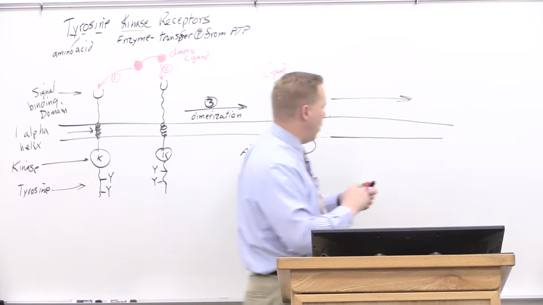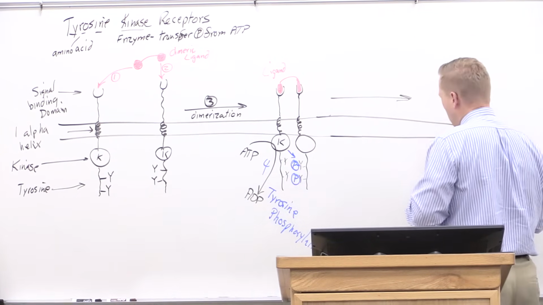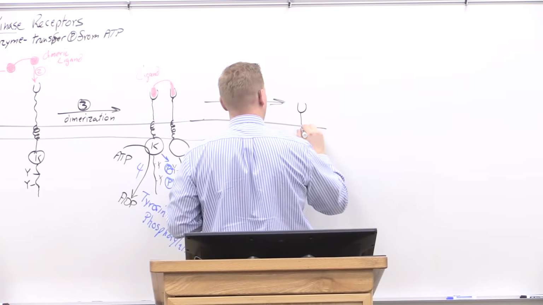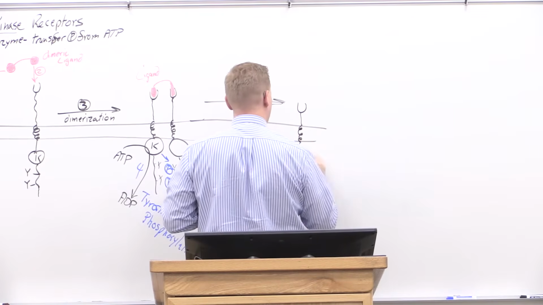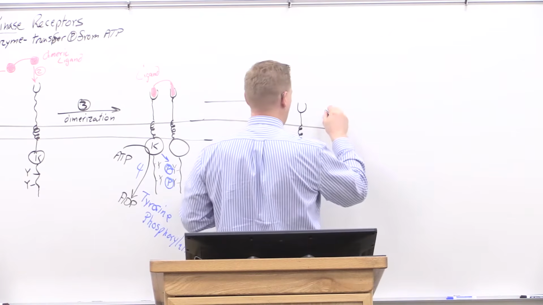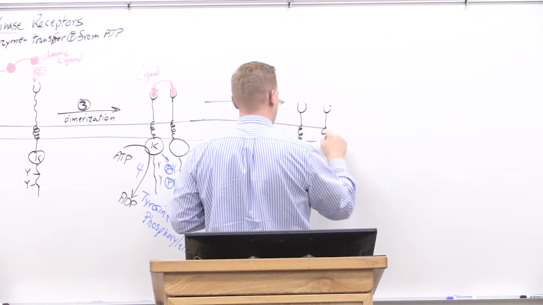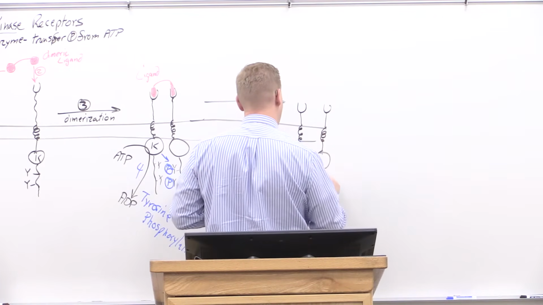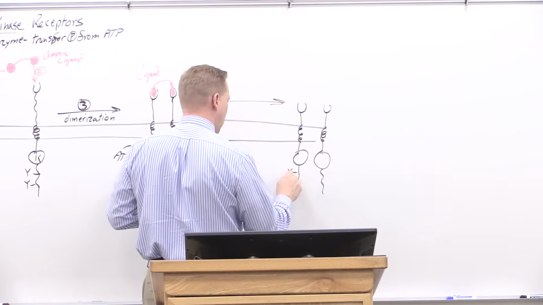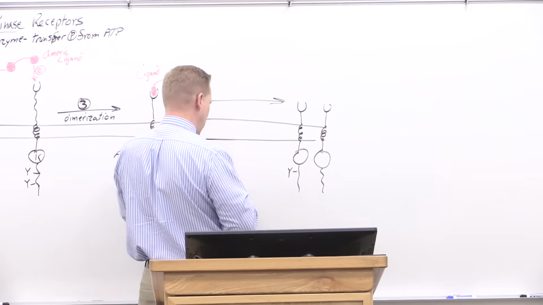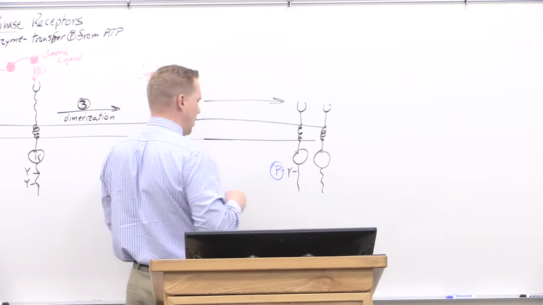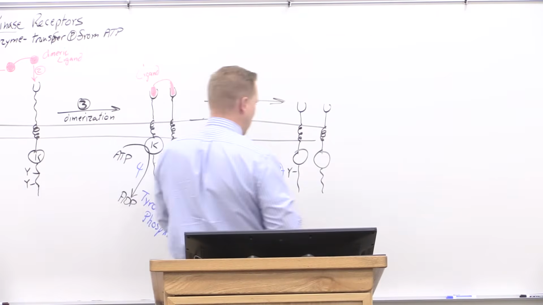And so now our receptors are going to look like this. They're going to have their tyrosines on them, and I'm going to draw the tyrosines on the outside now just because there's a little bit more room. They now have this phosphate on it, so they're now phosphorylated tyrosines.